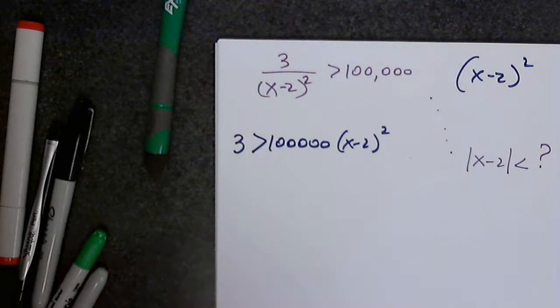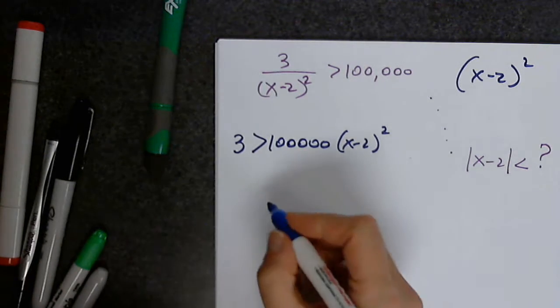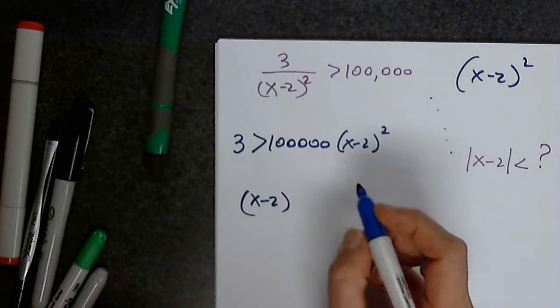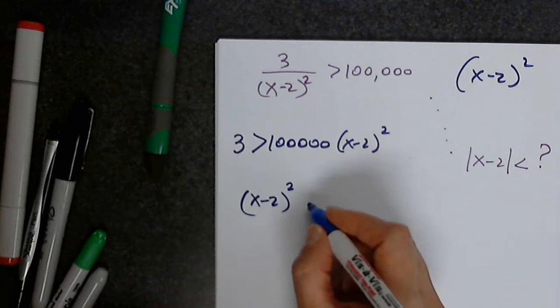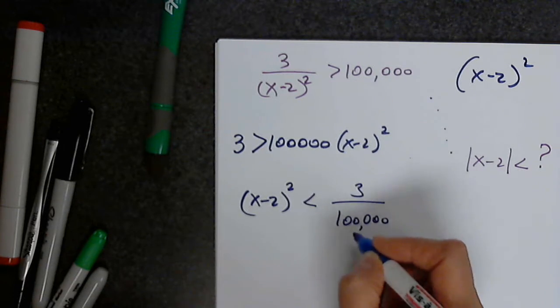Everything is factored. Check the square root. Not yet. I'm not there yet. I have to get rid of this. Yes. So I have x minus 2 squared less than 3 divided by 100,000.